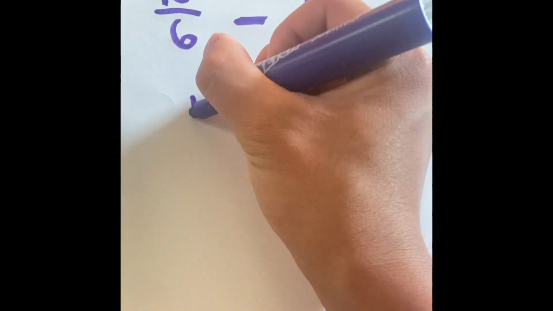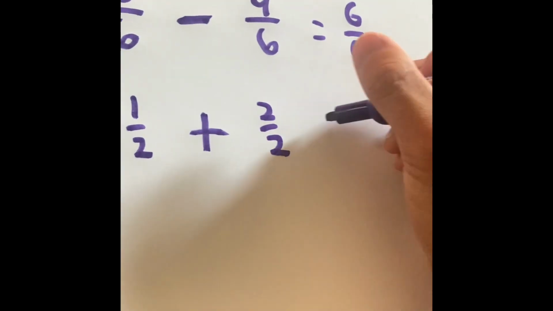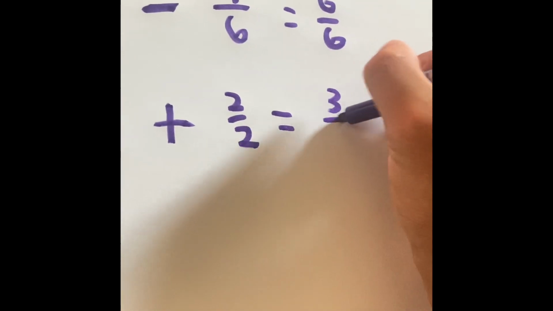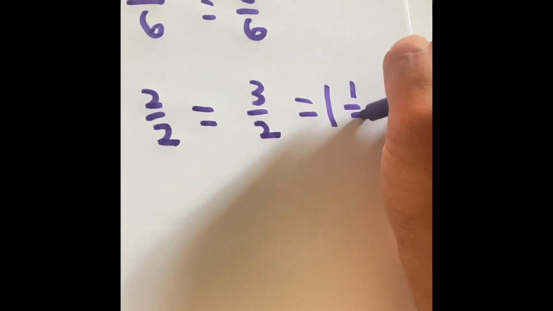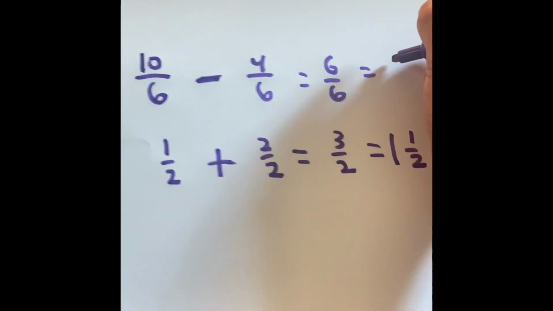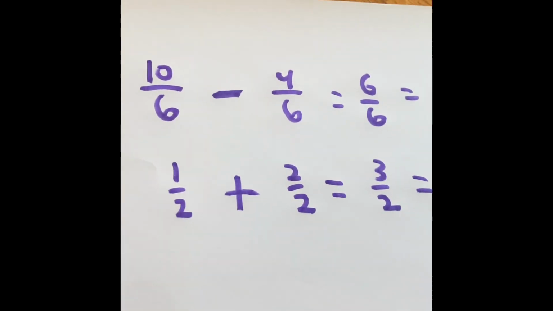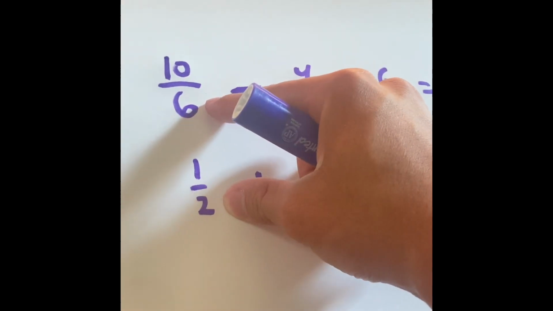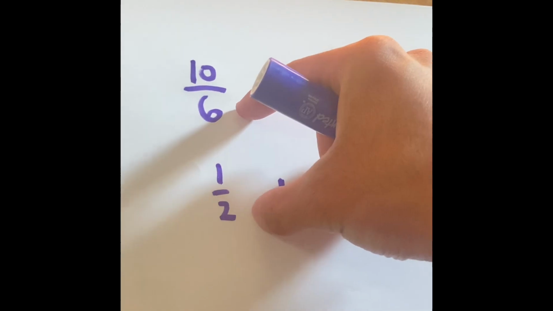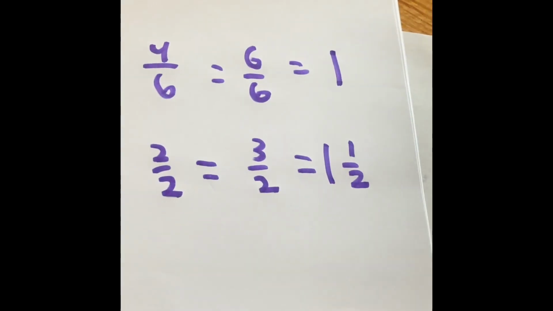Or if we did 1 over half plus 2 over 2, or 1, that's going to equal 3 over 2. But if you want to put that into a mixed number, that's 1 and 1 over half. Or on the top one, when we subtracted, that's going to equal 1. So when we added and subtracted the fractions, we tried to get the fractions to have the same denominator as the second one to get to an easy answer.